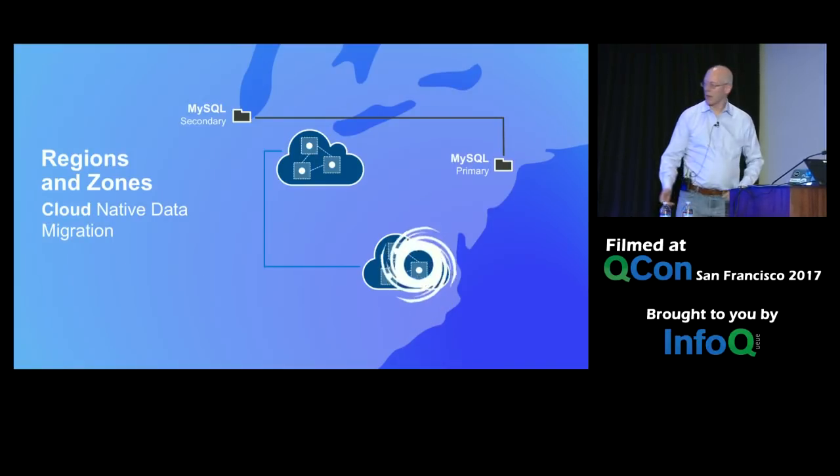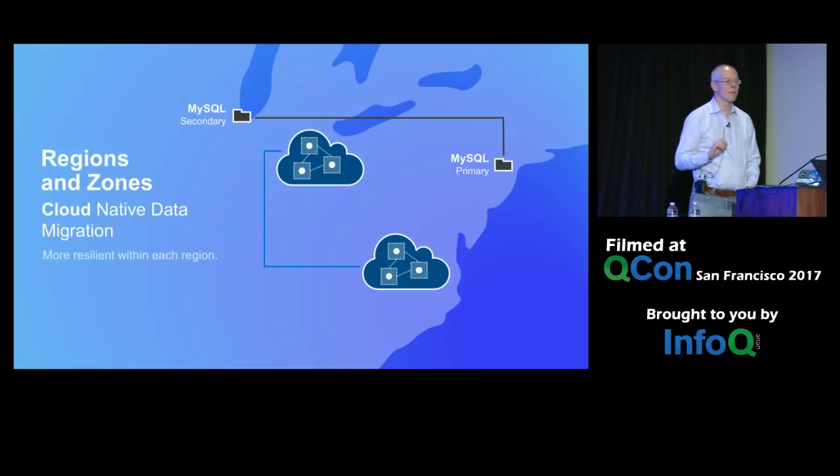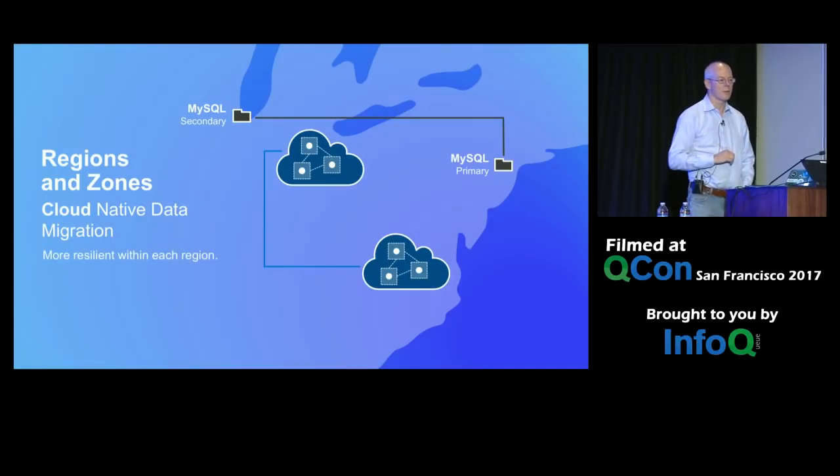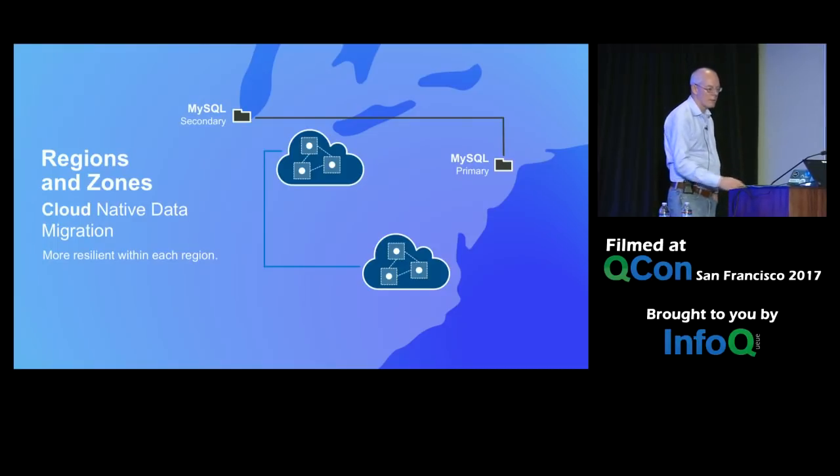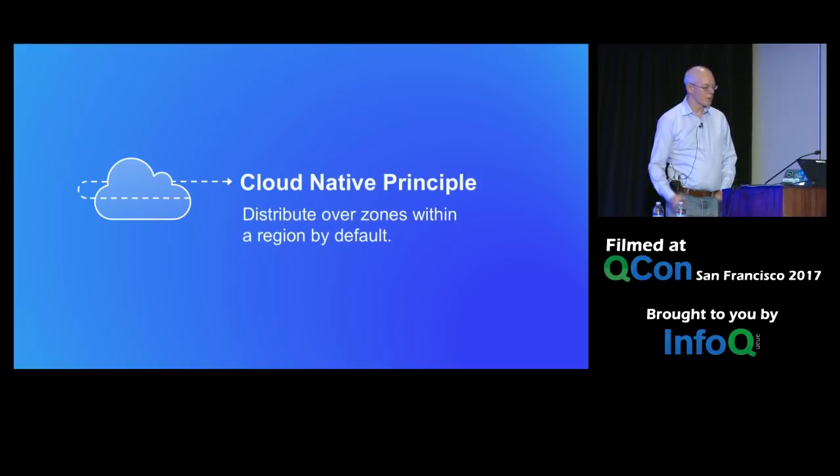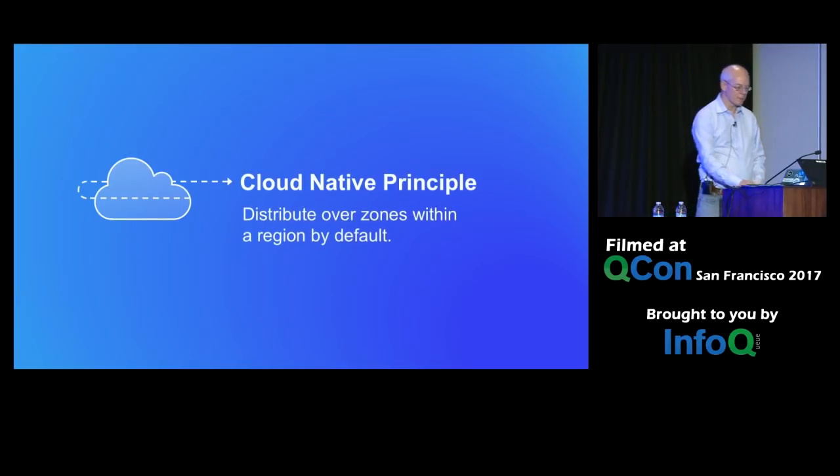If another hurricane comes in, it might affect one zone, but it's very unlikely to take out all the zones in a region. So it's more inherently resilient. Another principle here is you should distribute over zones in a region by default.